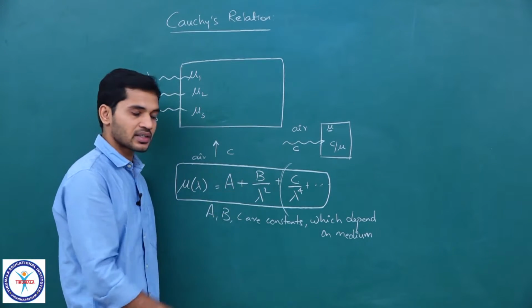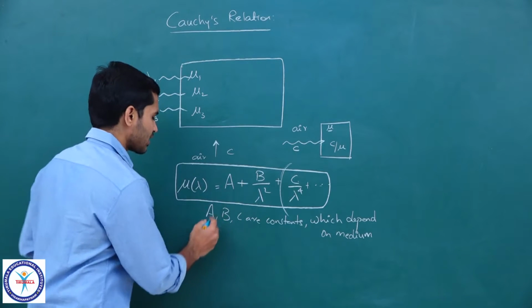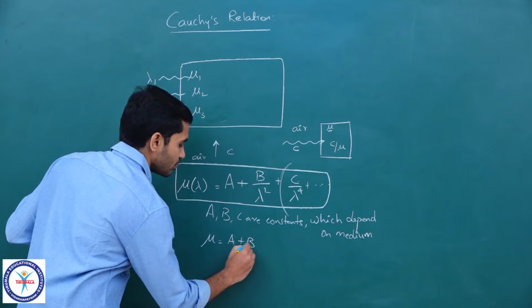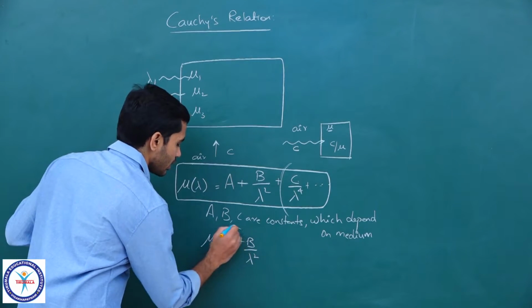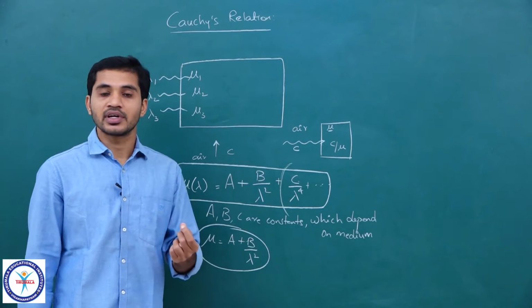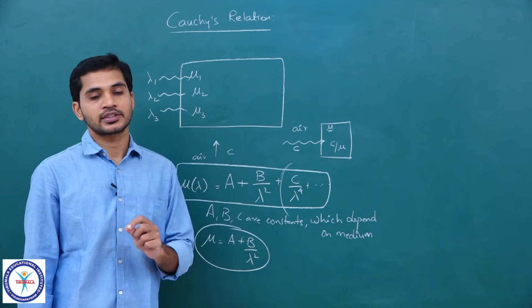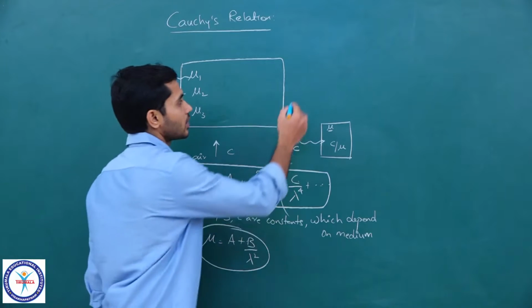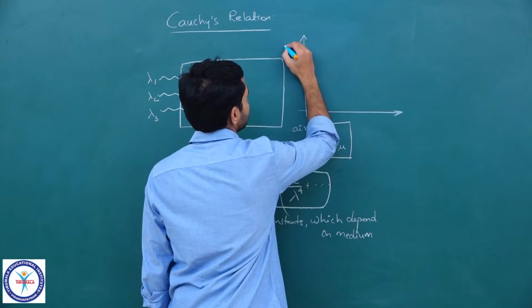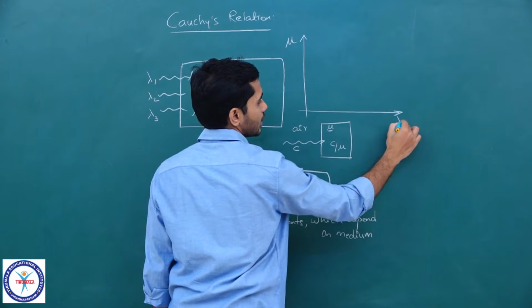So you can neglect this complete part and understand this as mu is equal to A plus B by lambda square. This is the expression which determines the refractive index that a medium offers to a particular wavelength of light, and the graph would be something like this. The graph is between mu and lambda.